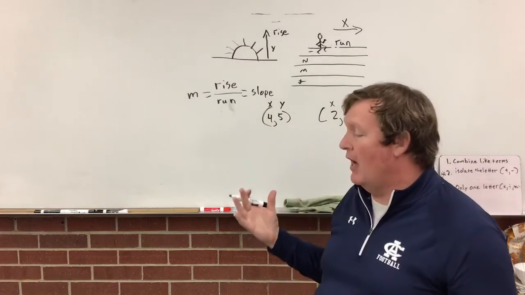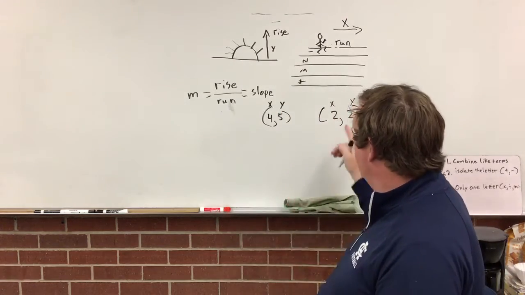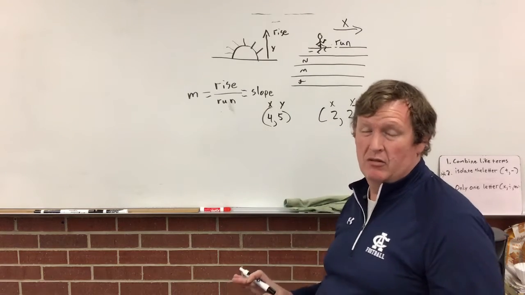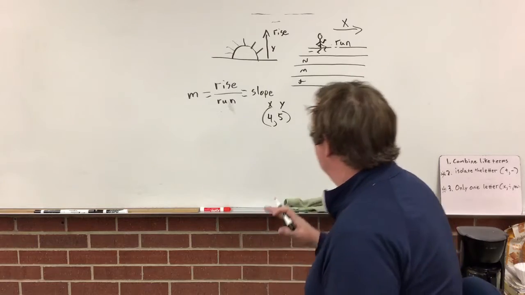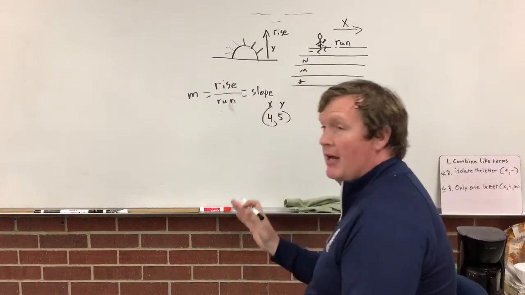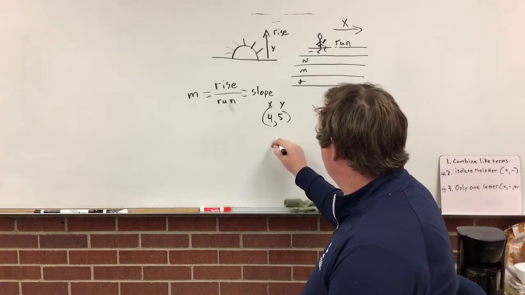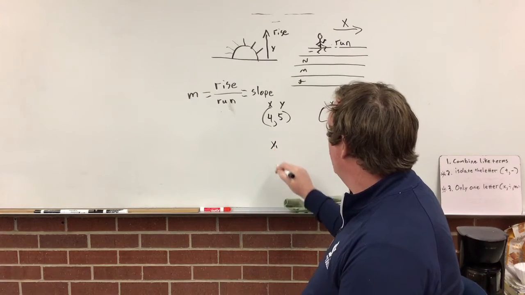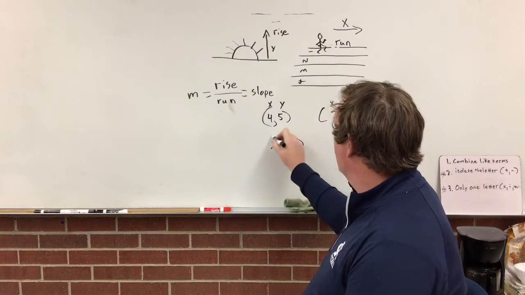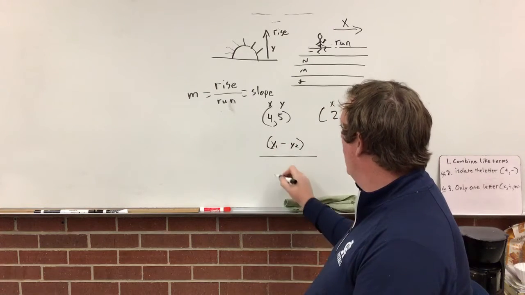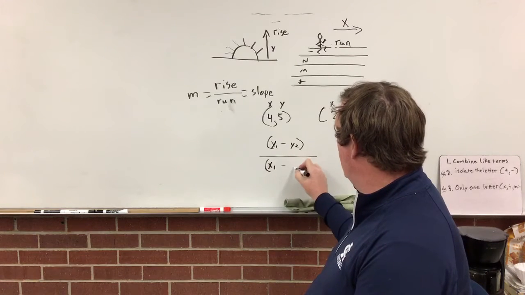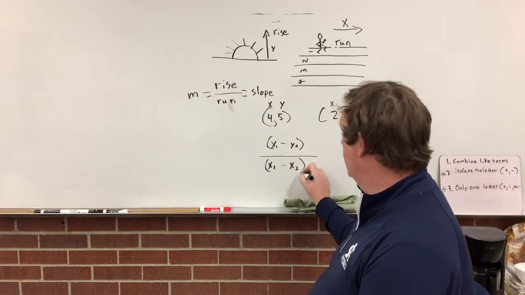So the way you find the slope out of that is you take this. I don't care which one you use first, all right? You can use this y first or this y first. It doesn't matter. The whole thing is, though, take y of the first one minus y of the second one, and then you put it over x of the first one that you used minus x of the second one you used.